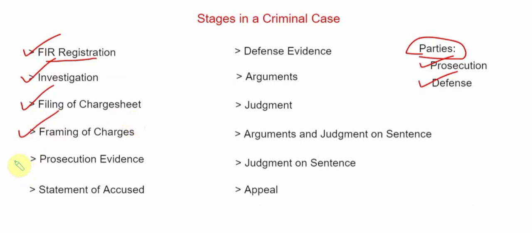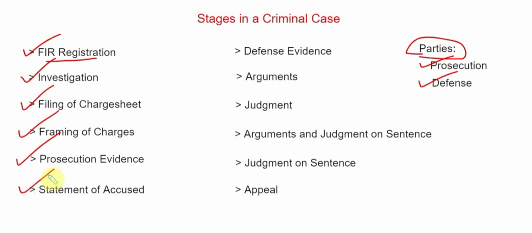The next step is the prosecution submits evidence. To remind you, it's different from a civil case. You may be the affected party, but the case is fought by the prosecution. So the prosecution submits whatever evidence it collected during the investigation before the court. Then, based on that, the statement of the accused is taken up.